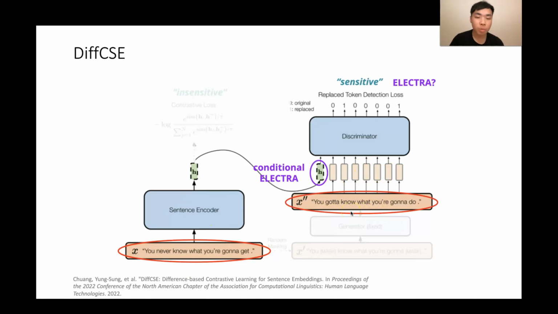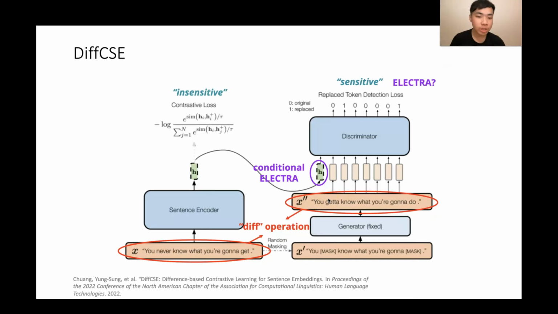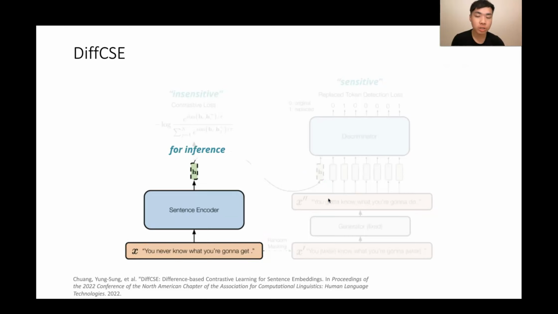Here, our model is actually doing a kind of diff operation between two very similar inputs. That's the reason why we call our model DiffCSE. After training this model, we discard the generator and discriminator and only use the sentence encoder for inference.